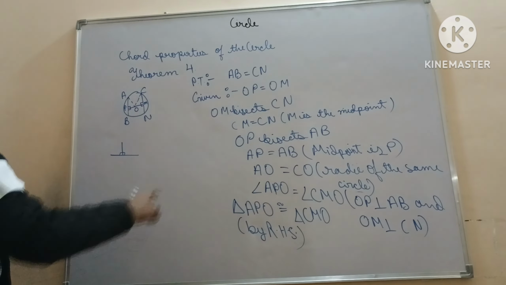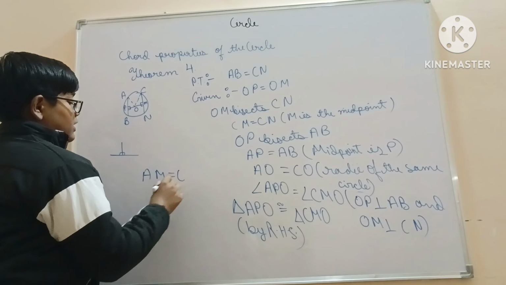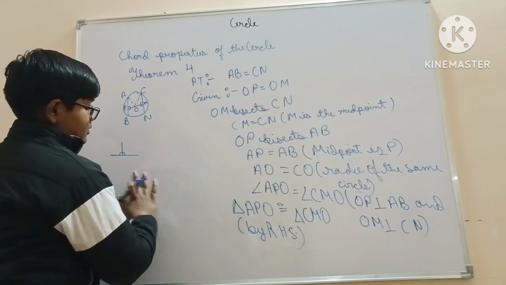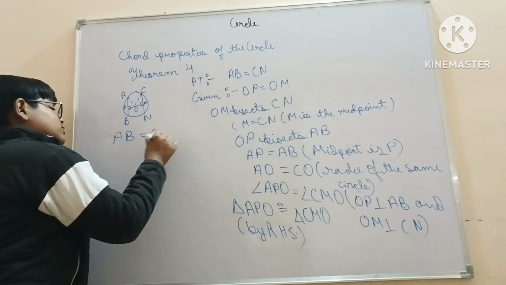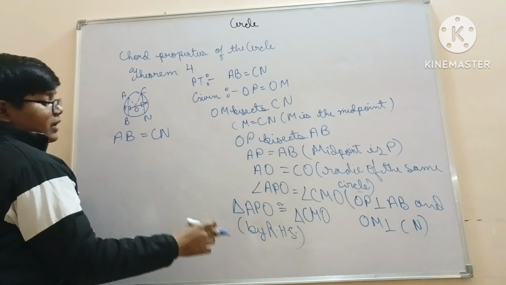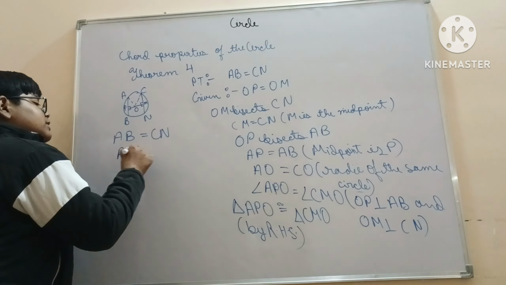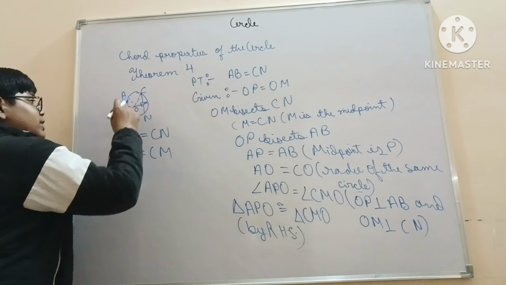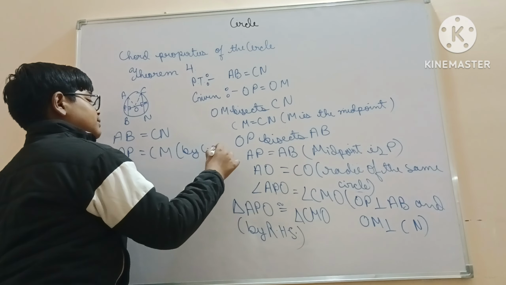So we have proven that, and now we have to prove that AB is equal to CD. We have proven that the triangles are congruent, so AP is equal to CM.